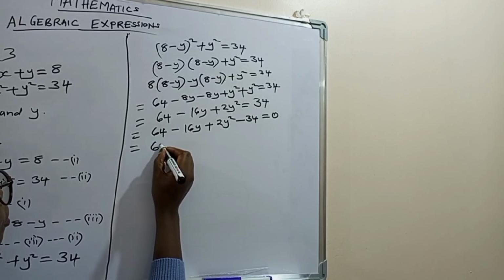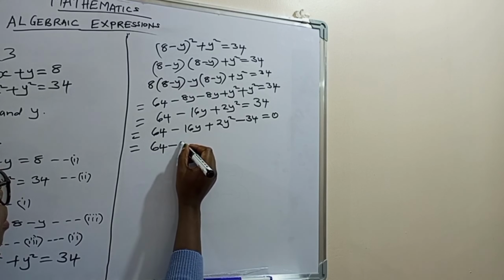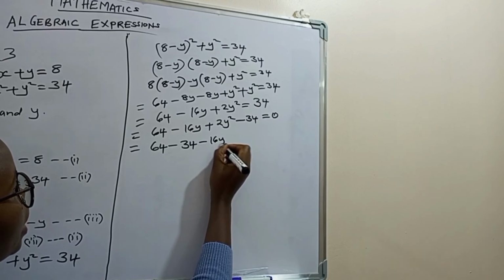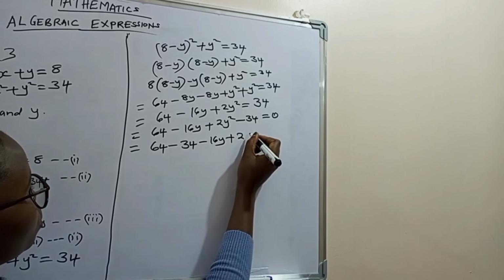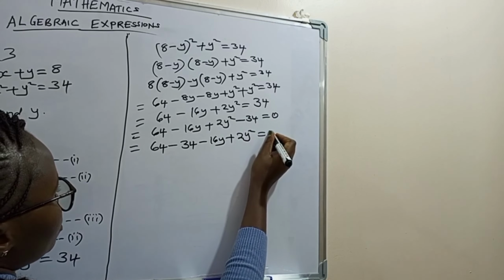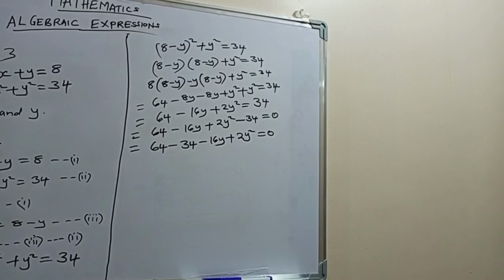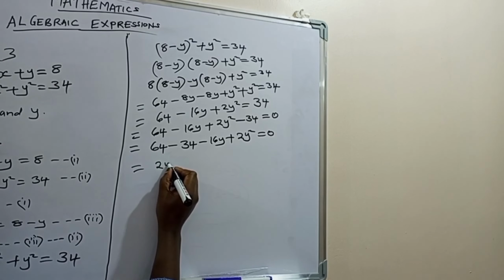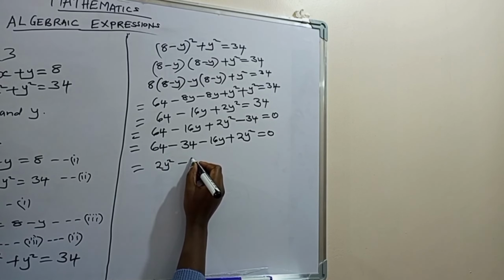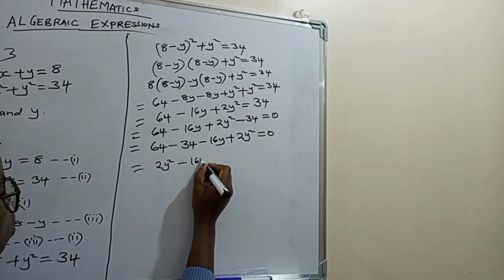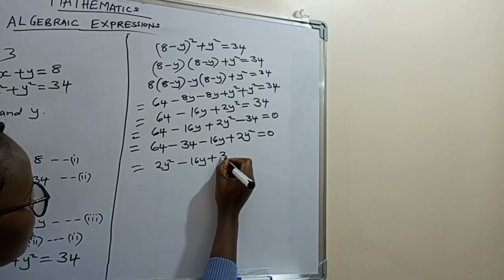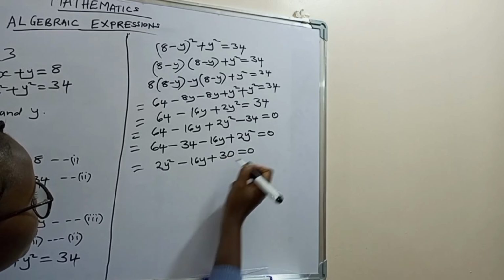We get 64 minus 34 minus 16y plus 2y squared is equals to 0. So here we get 2y squared minus 16y plus 30 is equals to 0.